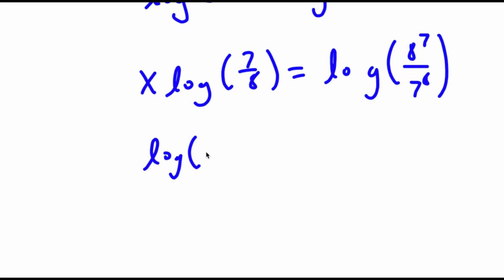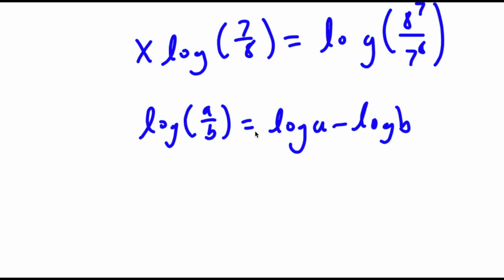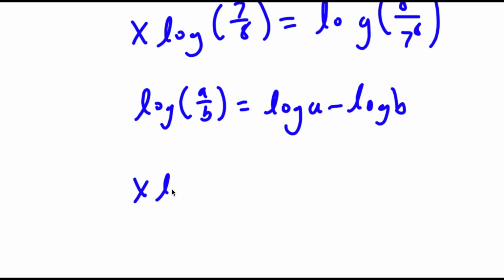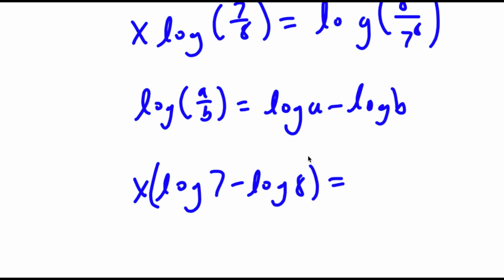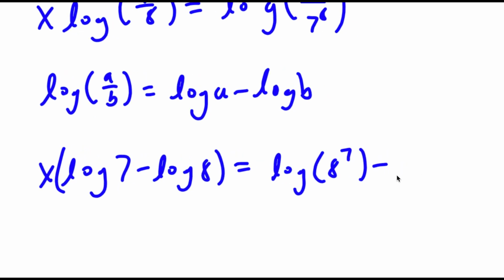Now log of a over b is equal to log a minus log b. So log of 7 over 8 is going to equal log 7 minus log 8, and the right side is equal to log of 8 to the power of 7 minus log of 7 to the power of 8.